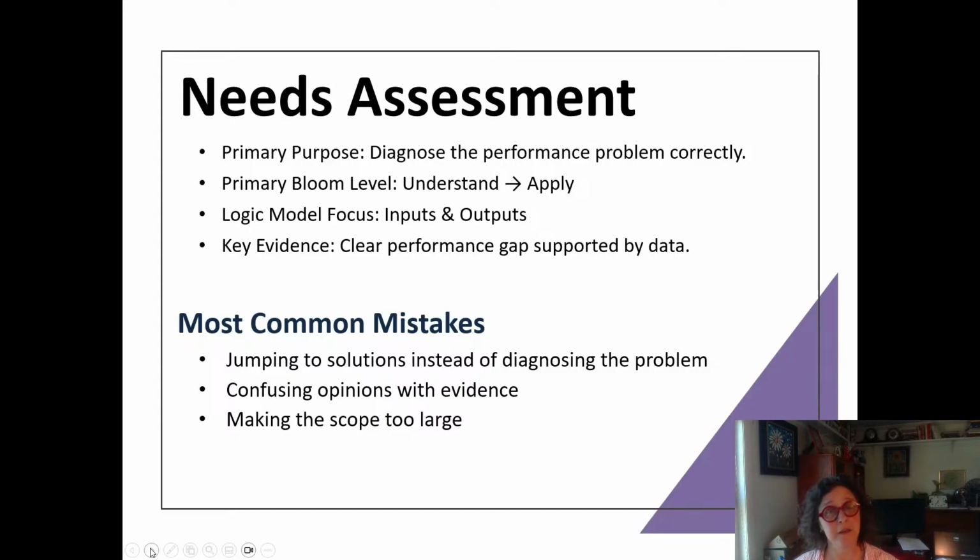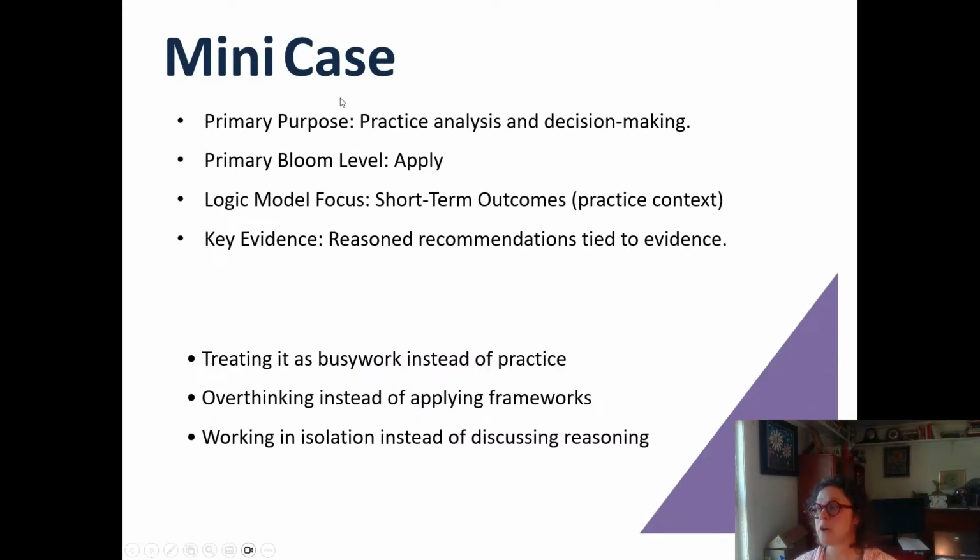Once you find the needs and the gap, you're going to justify what you've been learning up to this point in a mini case as well as the instructional design portion. The primary purpose here is to give you practice and give you feedback about how you're doing at applying this.